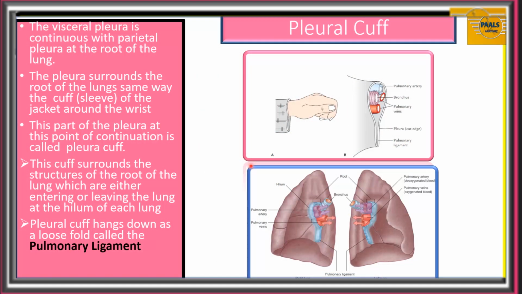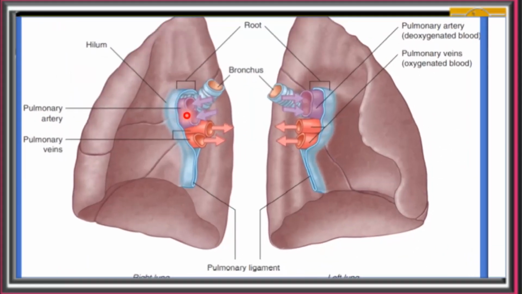Now we look at the part of the pleura called the pleural cuff. The structures that come from the mediastinum enter or leave the lung through a structure called the lung root. Now, the depressed aspect in the medial aspect of the lung is called the lung hilum.